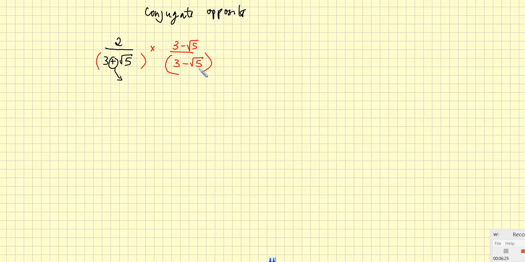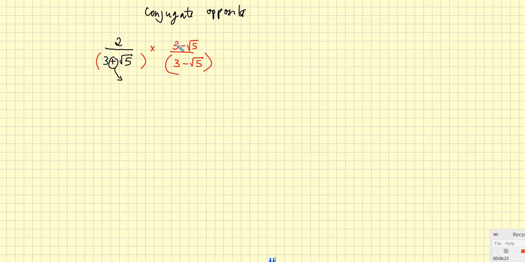And if you recall what I've said in the past, the difference of squares gets rid of the middle AB term, and that AB term that disappears is the square root. So by multiplying by the conjugate, we're creating a difference of squares so that we can get rid of the square root in the denominator.